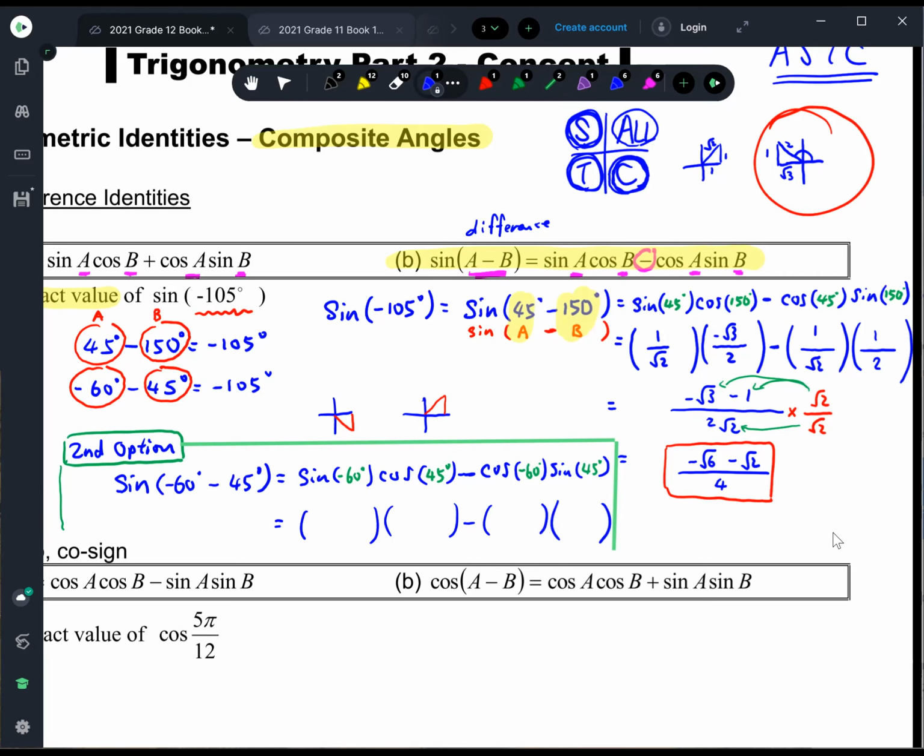Okay, Eric, what's in the first bracket? Negative √3/2. Okay, very good. So that's for sine -60.